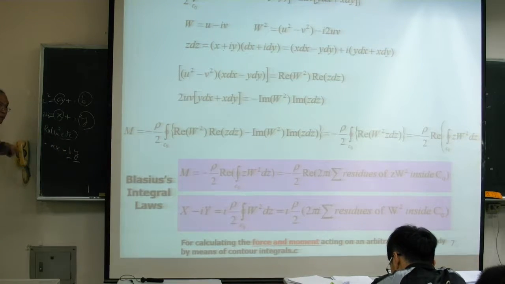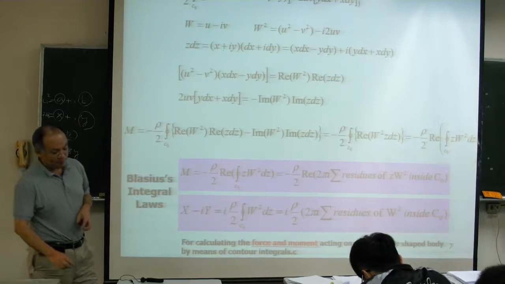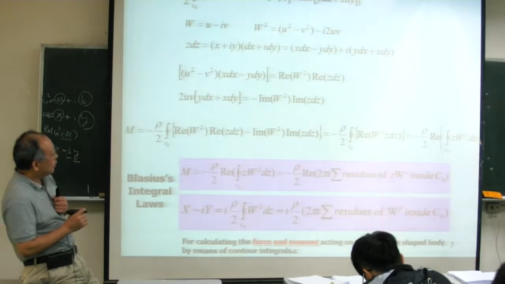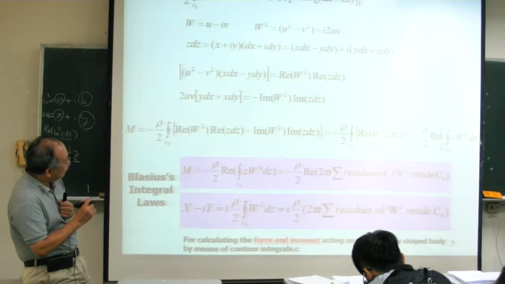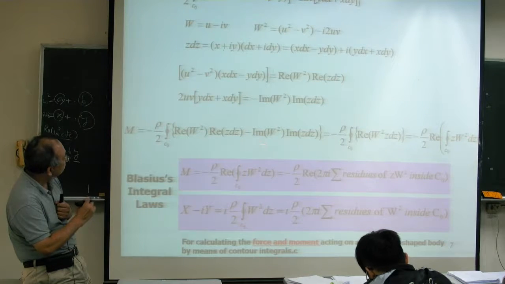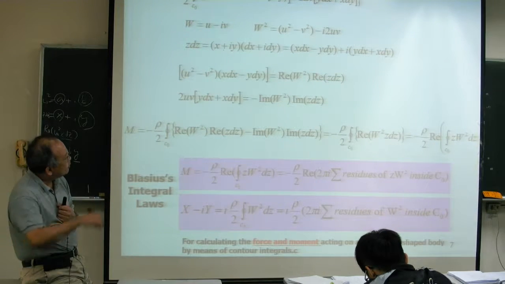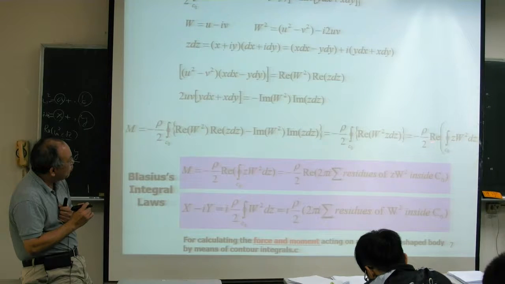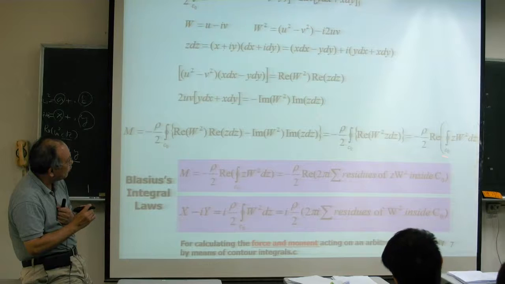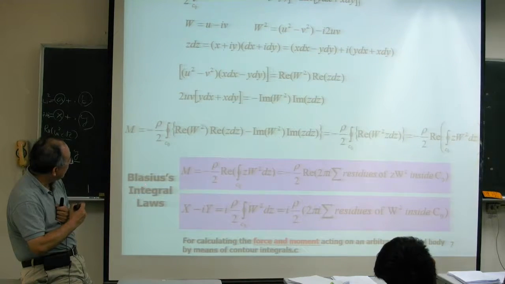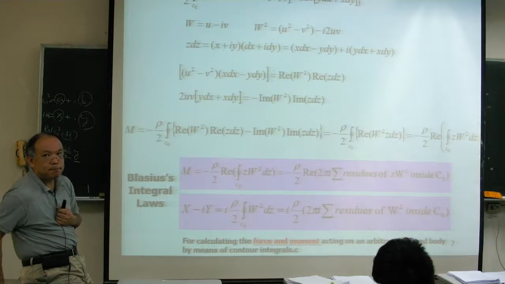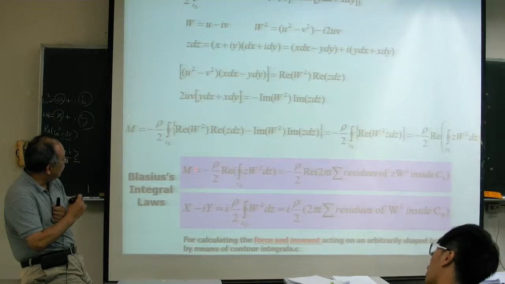In complex numbers, the real part of this one should be calculated this way. Once you get this, we can take the real part of this factor outside of the bracket, and finally we get Blasius' integral law, the second equation. If you want to find the moment, it should look like this.